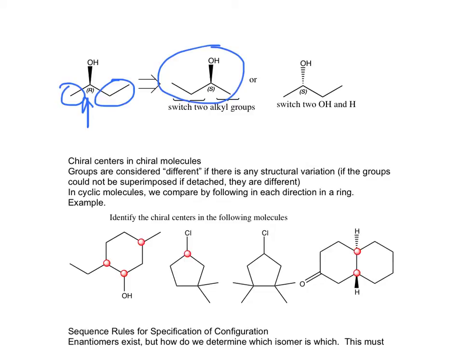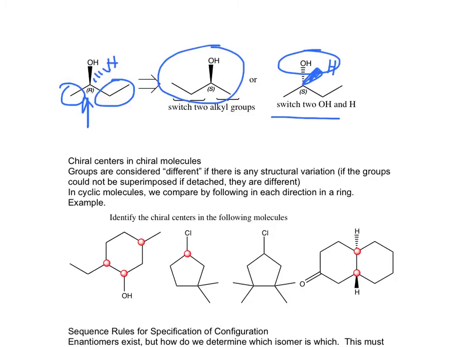The other option, instead of switching the 2 alkyl groups, is that we can switch the configuration of the OH and the hydrogen. So here, when we switch the OH and the hydrogen, the OH is now going into the page and the hydrogen is coming out of the page.